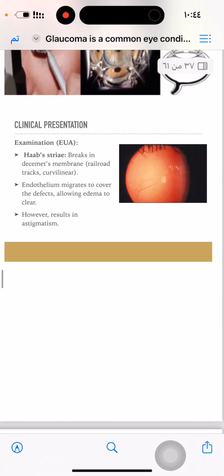Clinical presentation. Haab striae. We see breaks in Descemet's membrane, railroad tracks, curvilinear. Endothelial migration is not so important. Haab striae are breaks in the membrane, seen in astigmatism.